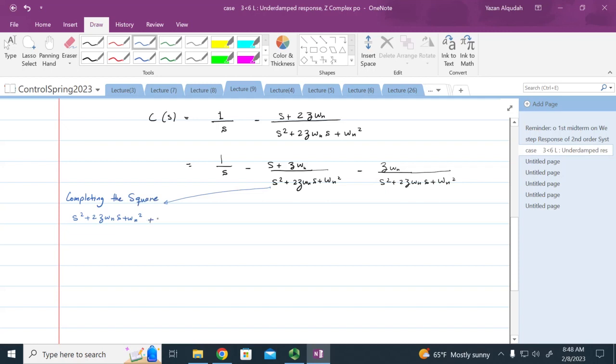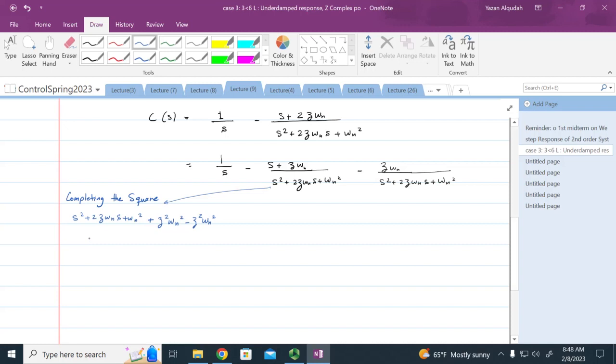So we're going to add zeta squared omega n squared, and subtract zeta squared omega n squared. So nothing changed to this equation. We added and we subtracted, we still have the same expression.